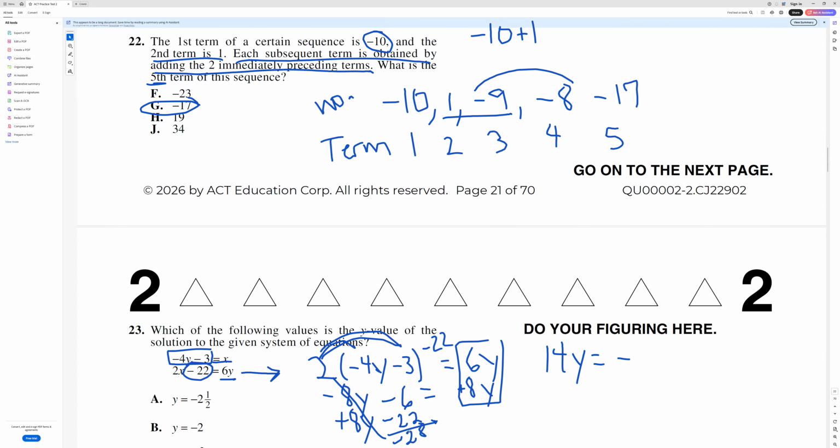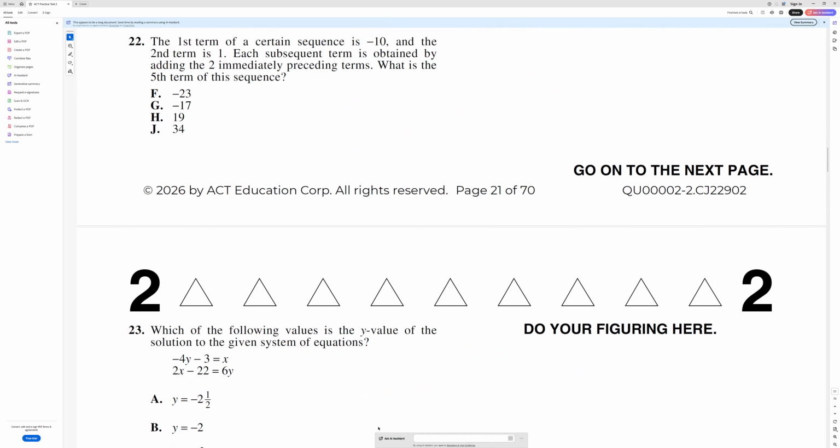I forgot the -22 from my equation. So y is equal to -2 because we have to divide by a positive 14 to cancel that. So y is equal to -2. So -2 is your answer right here. Clearly your answer is one of your choices.